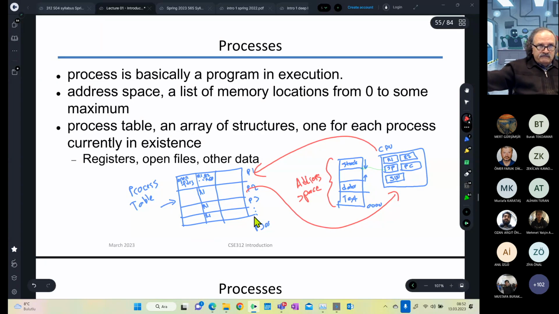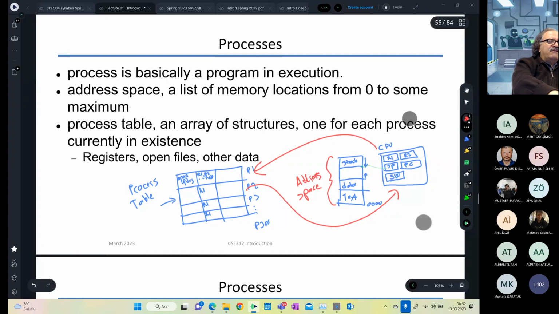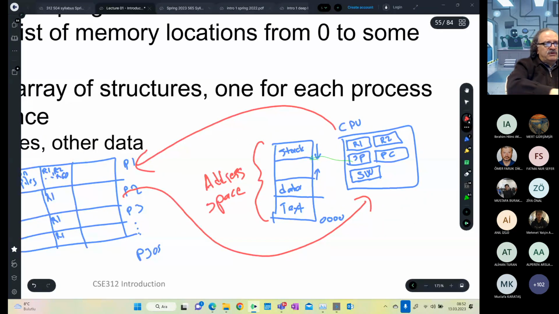I didn't fully understand the difference between registers in the CPU and the process table. If I had only one process running on my computer, this is the picture, right? It's as simple as this.